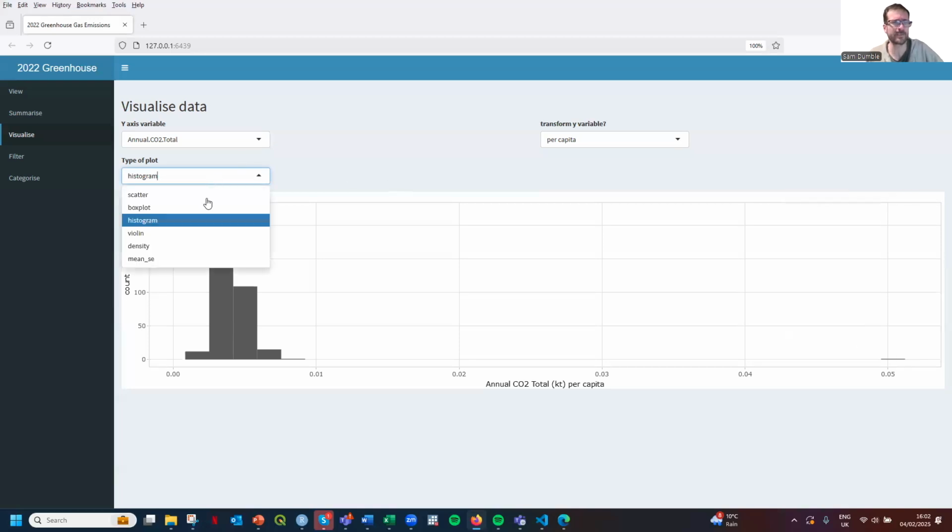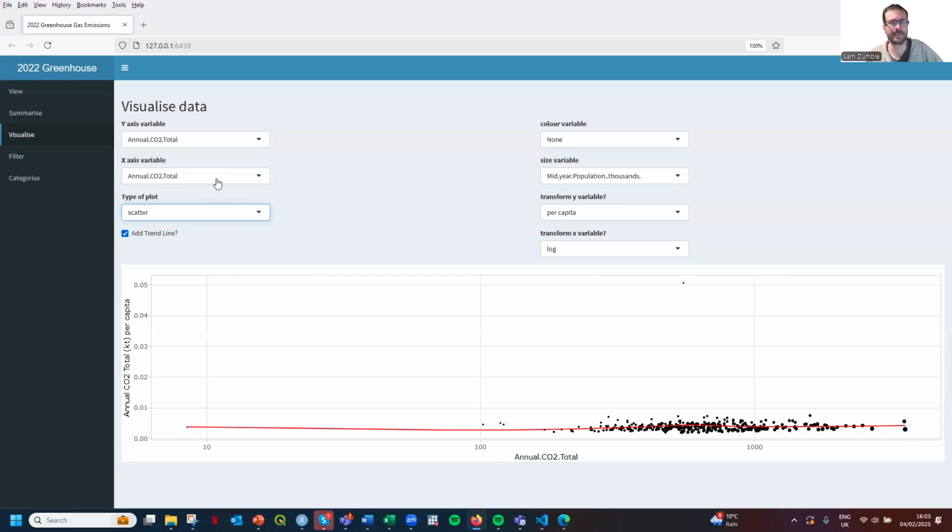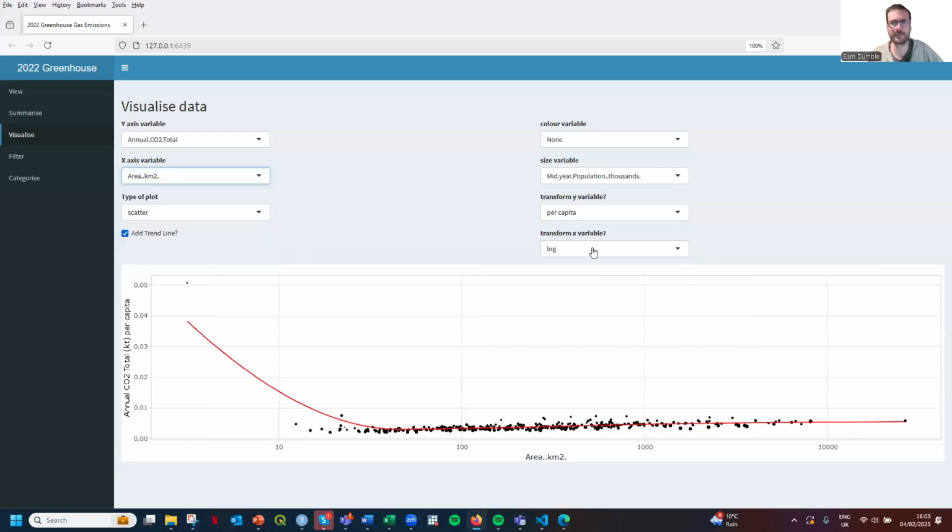If I go back to my scatter plots and bring back area, if I hover over it, you can see this is the City of London. And actually now in this case, I'm starting to think the City of London could be a real outlier that I do want to remove from my analysis.